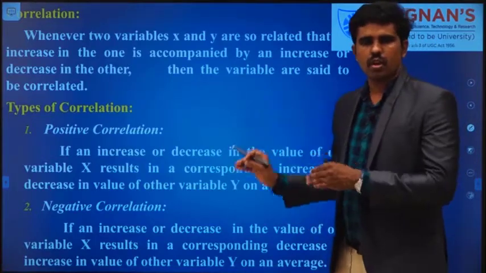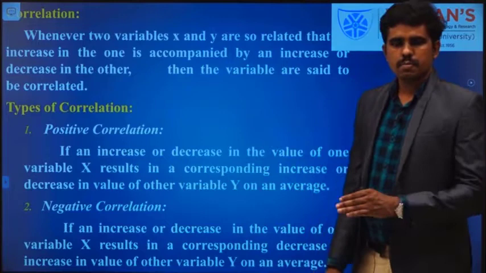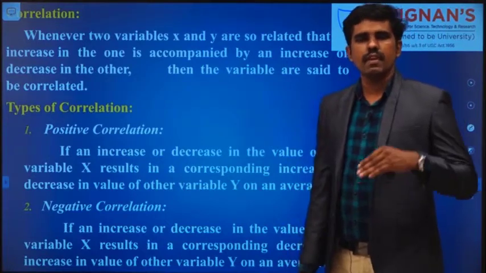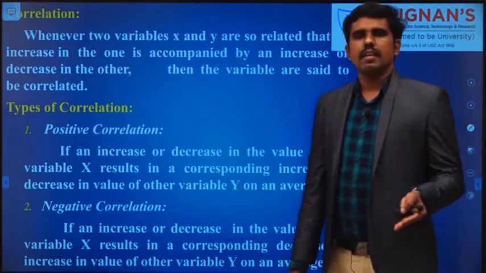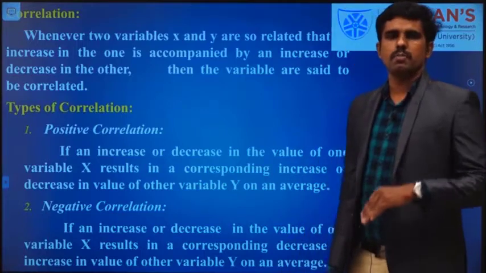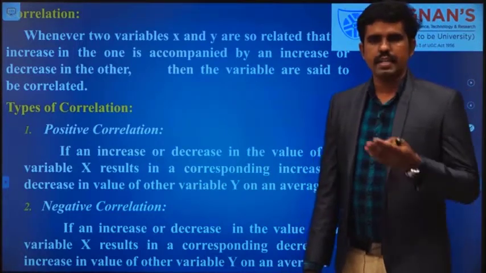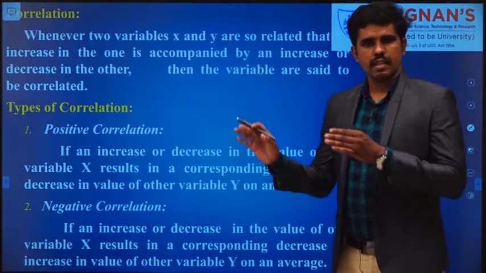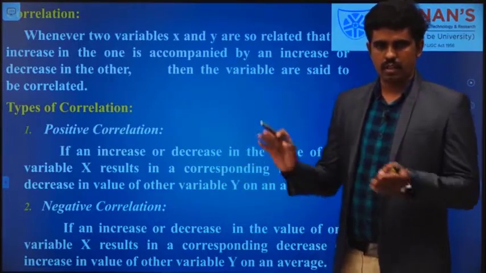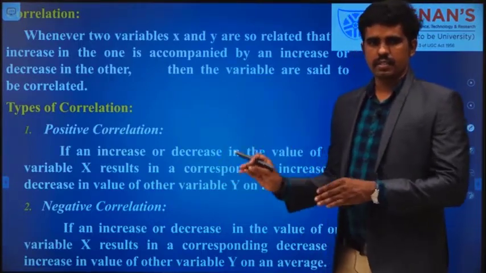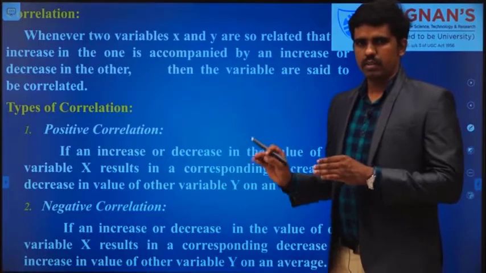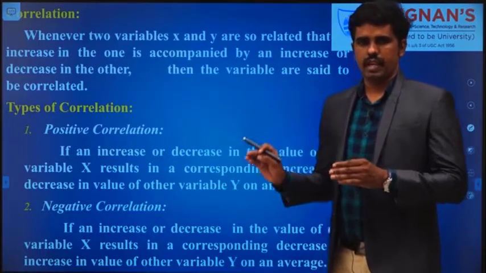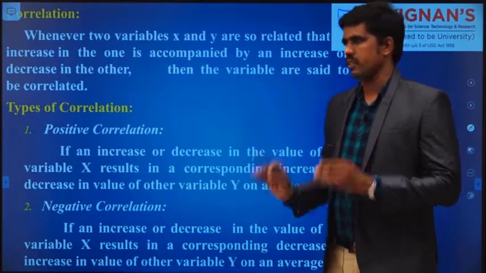At the end of this correlation topic, I will explain the differences between them. Anyway, we are going to measure the relationship between two variables by using both covariance and correlation. There are some differences between covariance and correlation, and at the end of this class, I will explain one by one what all the differences are.